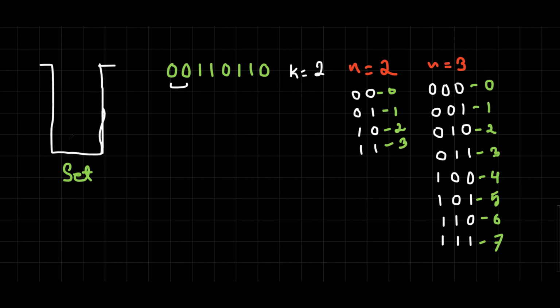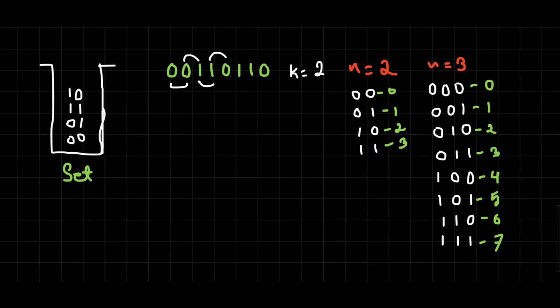So here, we have to add 00 into the set. Now, another possible substring of length 2 is 01. So we have to add 01 into the set. Now, another possible substring is 11. So we have to add 11 into the set. Now, another possible substring is 10. So we have to add 10 into the set.